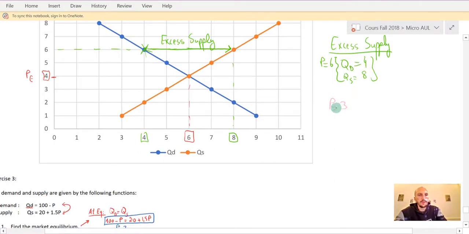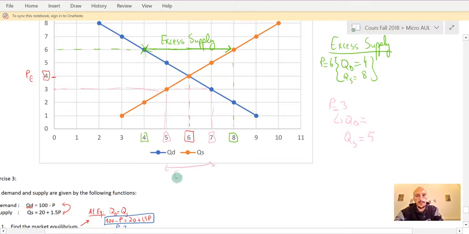So at p equals 3, the quantity demanded, you can see here at p equals 3, the quantity supplied is 5, while the quantity demanded here is 7.